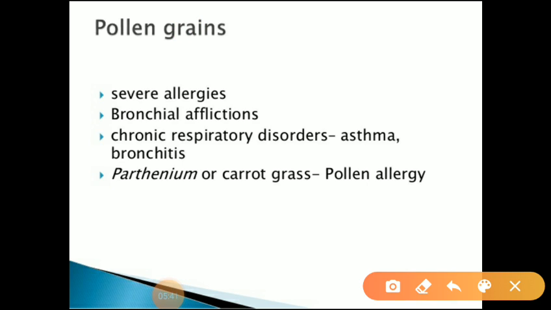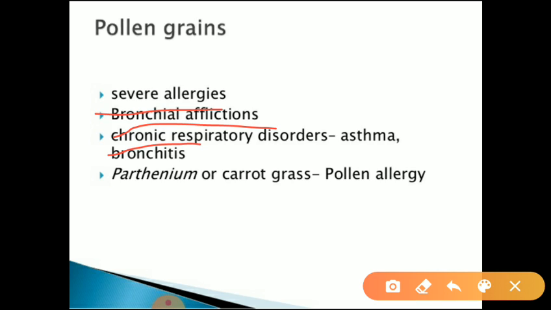Next we can learn some additional information about pollen. Pollen grain can cause severe allergies. Bronchial affliction. What is bronchial affliction? Bronchial affliction means bronchial distress, or it is a state of pain.